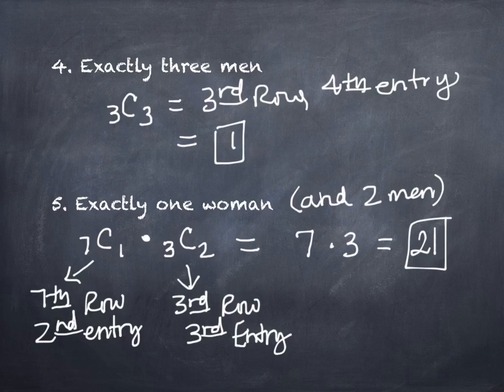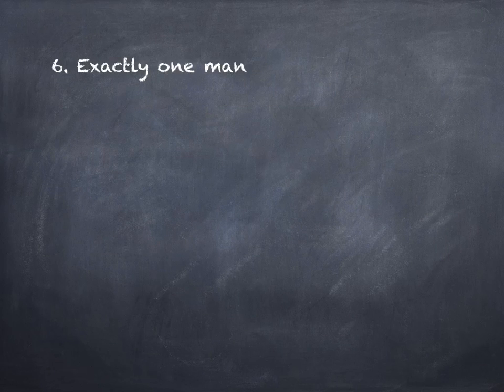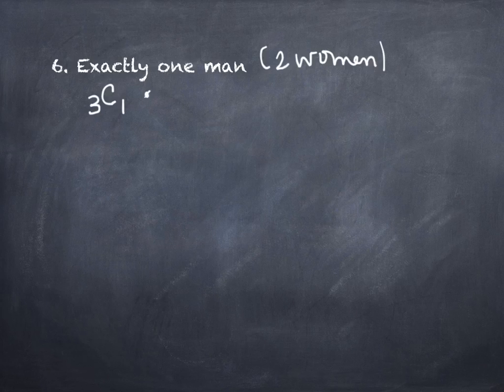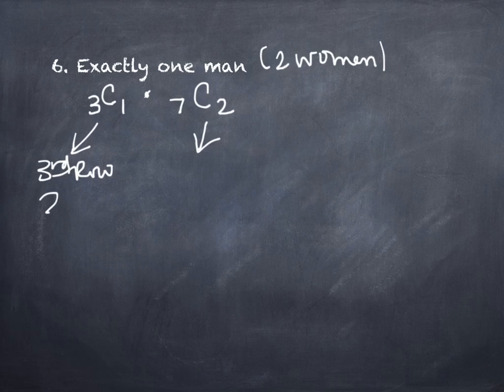Okay, we've got one more. Exactly 1 man. So what does that mean? It means by default I've got 2 women as well. All right, so let's do the exactly 1 man part. How do I get exactly 1 man? 3C1. And how do I get the 2 women? 7C2. The work I need to show has to do with the triangle. So 3C1 is 3rd row, 2nd entry.